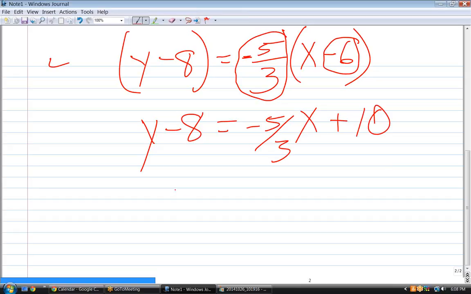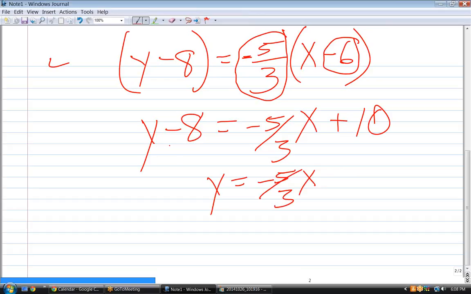And now the last step. What do you do? Trying to isolate y. Okay, so you add 8 to both sides. So now it'd be y equals negative 5/3 x plus 18.